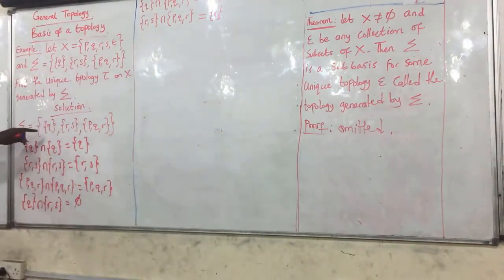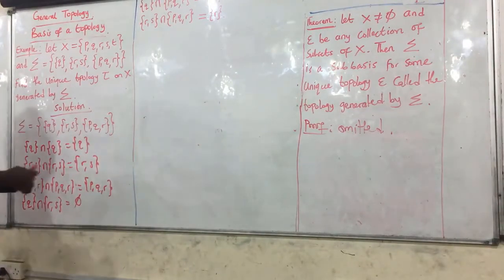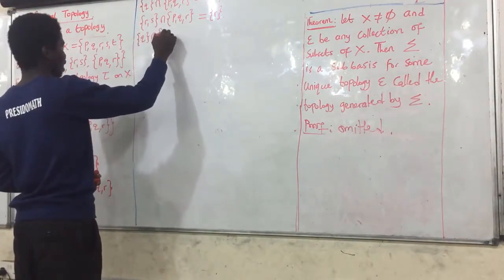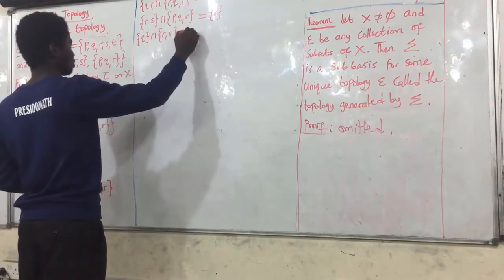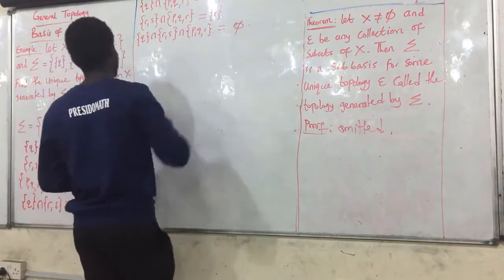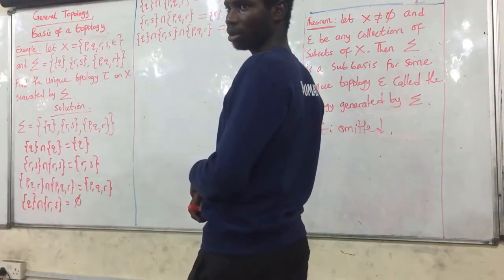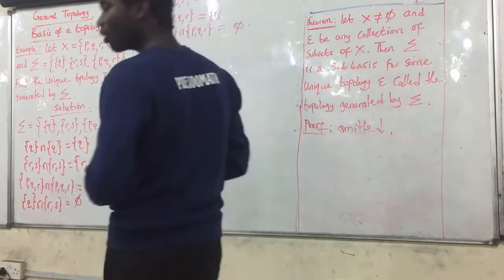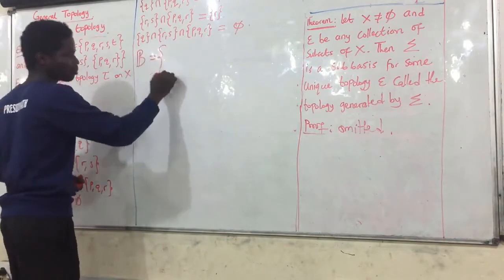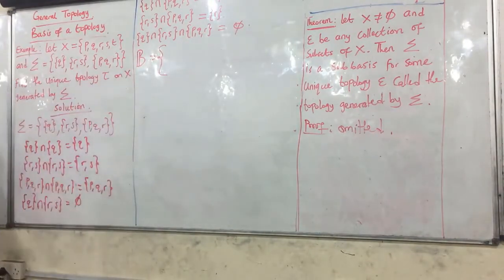And if you do the intersection of the empty set, maybe I should write it, the empty set intersection RS intersection PQR, the answer is the empty set. So all the answers I get form the basis now. Do you see? The collection of all these answers without repetition is the basis.